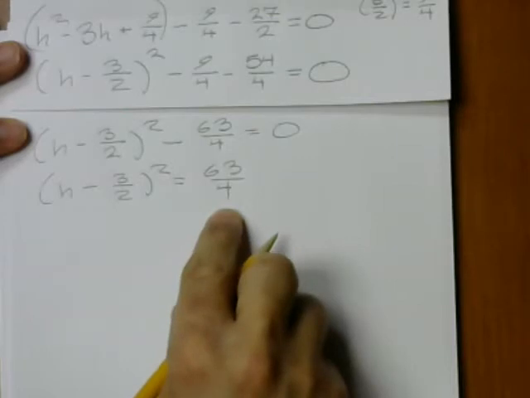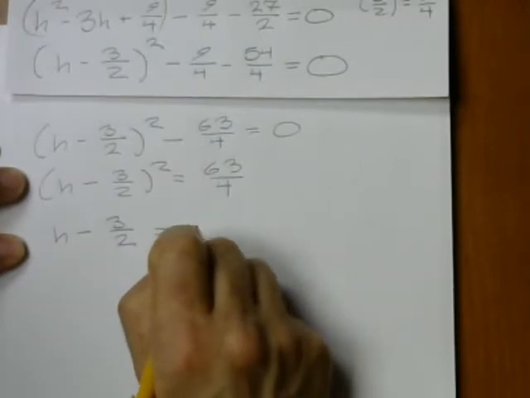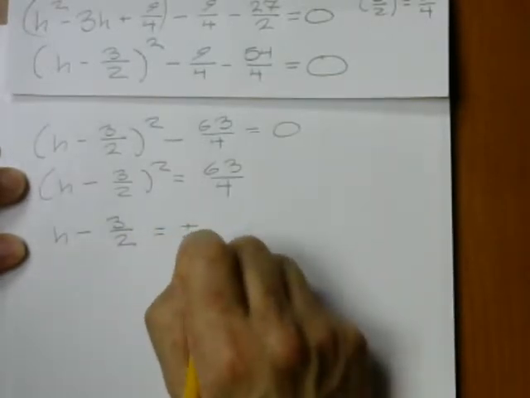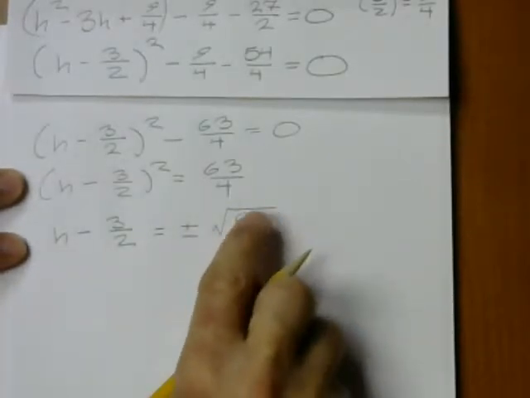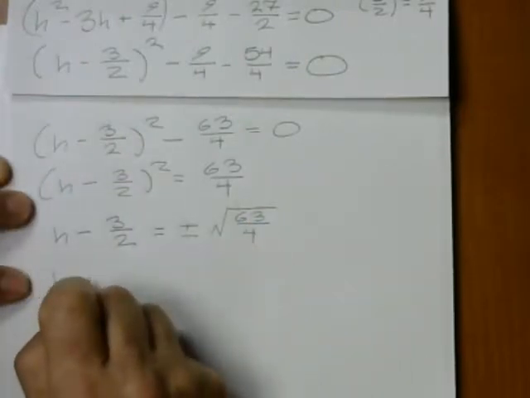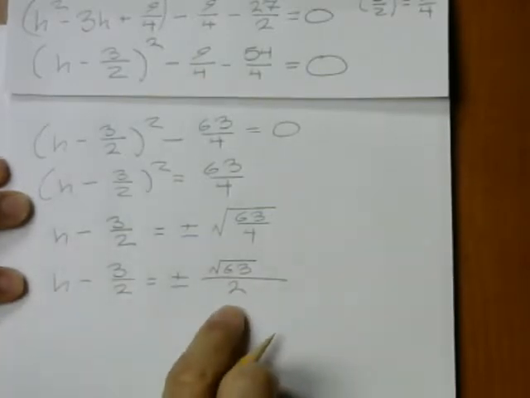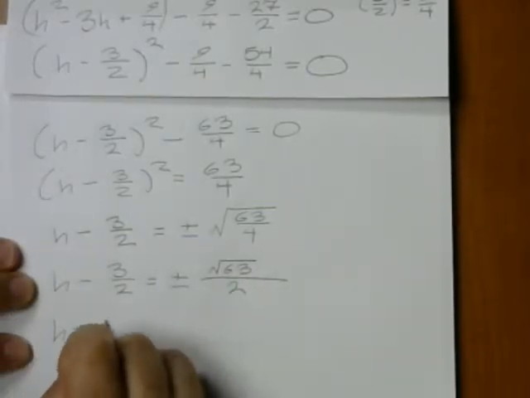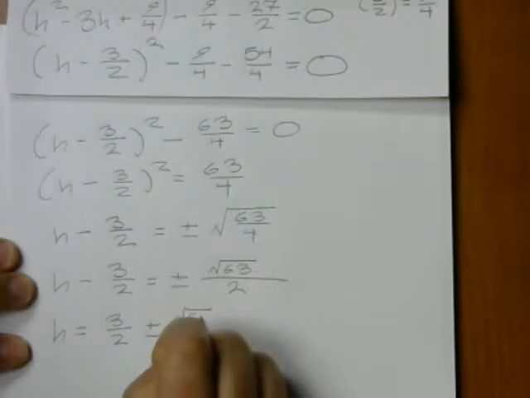And now I can just use my rule for radicals. I get plus or minus the root of 63 over 4. Some of you probably already noticed the root of a over b is the root of a over the root of b, and I have a 4 right here. So that's going to give me a 2. So h is going to be 3 halves plus or minus the root of 63 over 2.